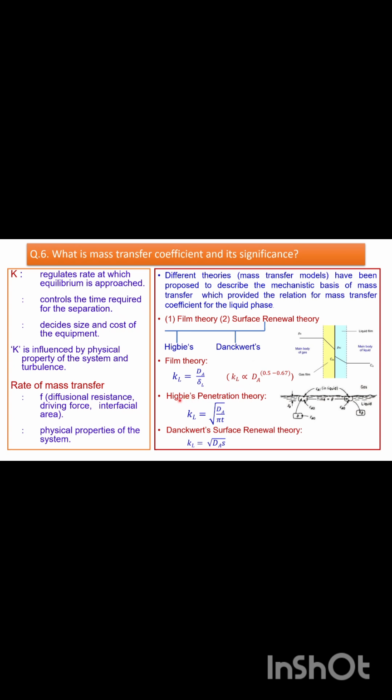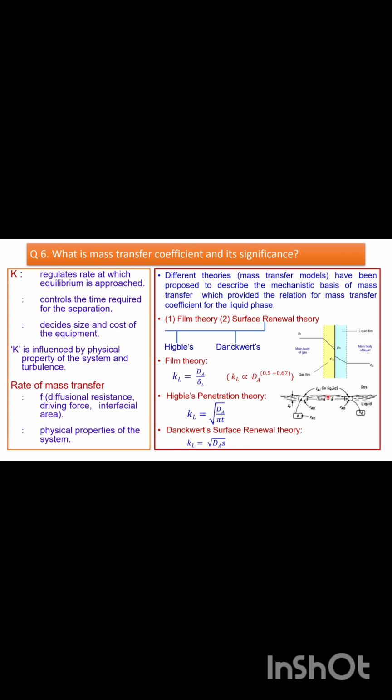Higbie's penetration theory: here we will consider gas-liquid cases, where there is an interface, and a liquid element spends the same length of time before it is replaced by fresh eddies from the bulk. He says that all the liquid elements spend the same length of time at the interface, and during their stay it absorbs gas and reaches equilibrium.